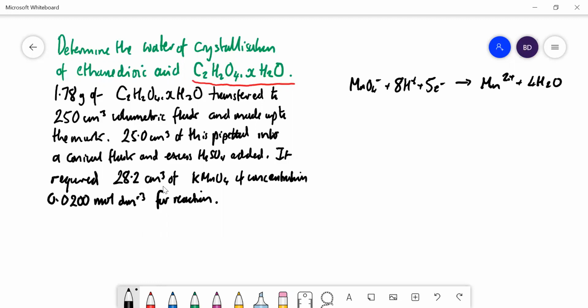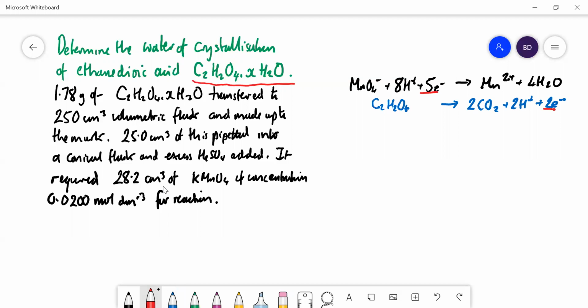And the ethanedioic acid, C2H2O4, goes to 2 molecules of carbon dioxide, and we need 2 protons to balance it. So that means we need 2 electrons. So we have got a 5 electron process and a 2 electron process.